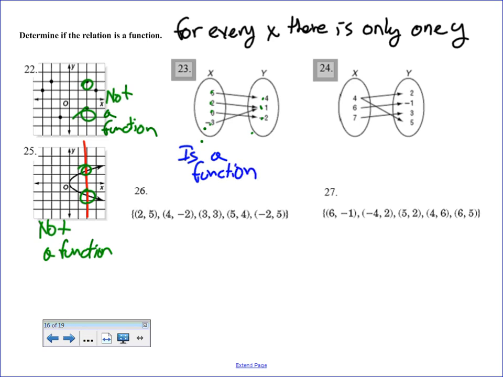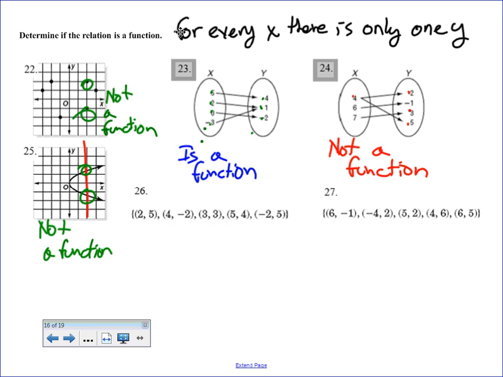On the other hand, here on number 24, when I plug in 4, I get 2 and 5. So for that x, there are two y's. So this is not a function. Then for 26 here, once again, when we plug in 2, we get 5. When we plug in 4, we get negative 2, 3, 5, negative 2.